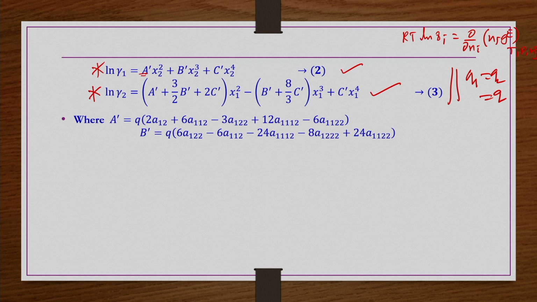This is what you get, and then C prime is simply q multiplied by 12 A112 plus 12 A122 minus 18 A112.